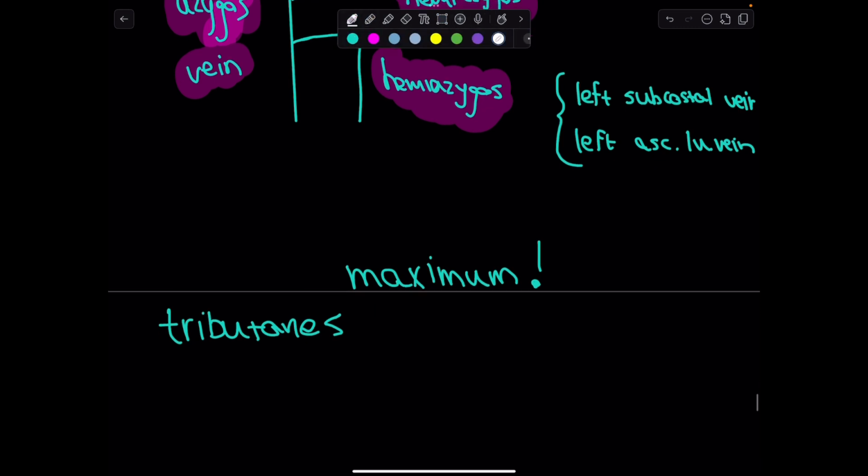All right, let's tackle the tributaries of the hemiazygos and accessory hemiazygos veins, keeping it as clear as we can to win this round. The hemiazygos vein, starting from the left subcostal vein and left ascending lumbar vein at L1, L2, collects tributaries from the left posterior intercostal veins, T9, T11, draining the lower rib muscles and skin, the left esophageal veins from the esophagus, and sometimes small lumbar veins from the lower back.